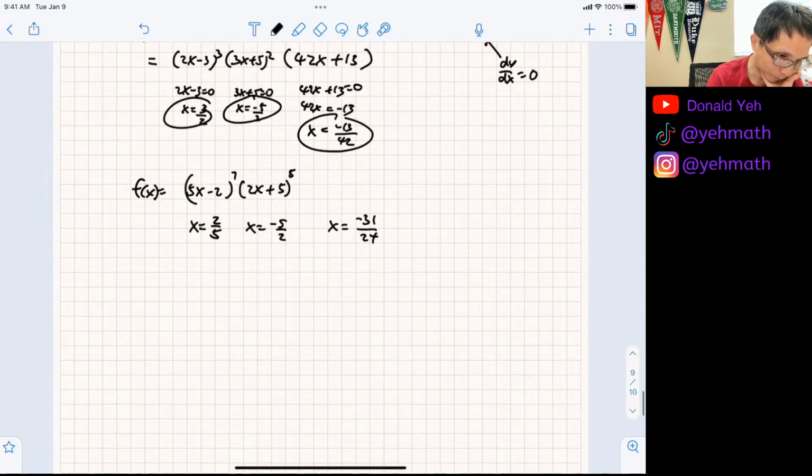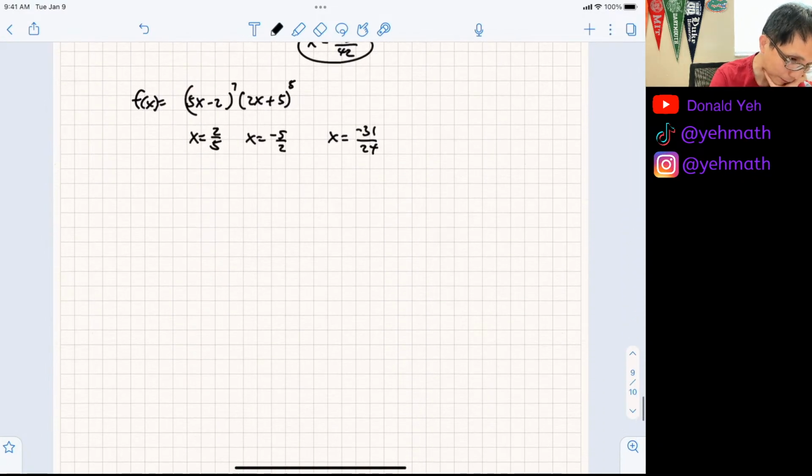Also, I want to see if you know how to factor this. So I'm going to give you x squared times (1 minus x to the 4th).